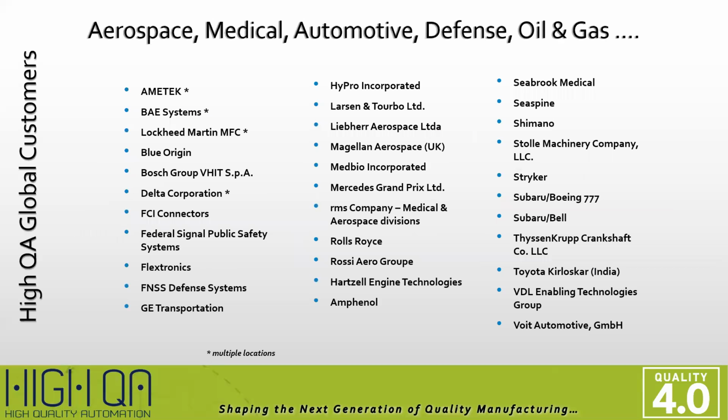We don't need to spend time here, but I think it's important to look at some of our customer list, and it represents a range from small, mid, and large enterprise OEM companies, as you see here, BAE, Lockheed Martin, Rolls-Royce, and there are smaller ones and even many job shops.